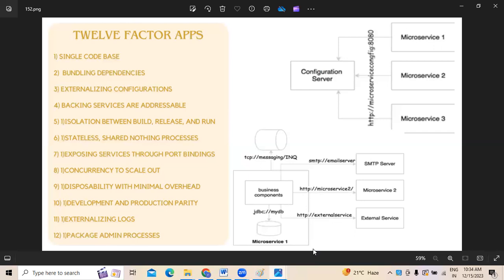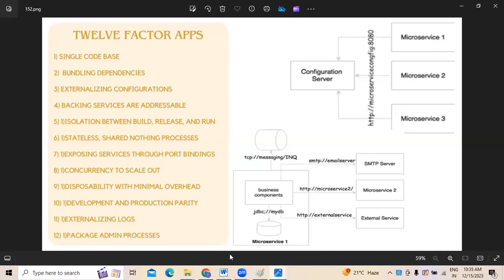Now, let's understand the first one, single code base. This is the first factor, because in this single code base, each and every microservice we are developing, at the component level, has its own code base, because different microservices have different code.